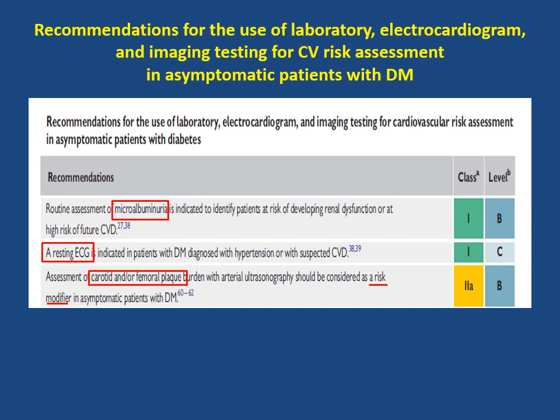What are the recommendations for use of lab, ECG, and imaging testing for cardiovascular risk assessment in asymptomatic patients with diabetes? It is a class 1 indication to ask for microalbuminuria assessment to predict the cardiovascular events or to predict the risk of developing renal dysfunction.